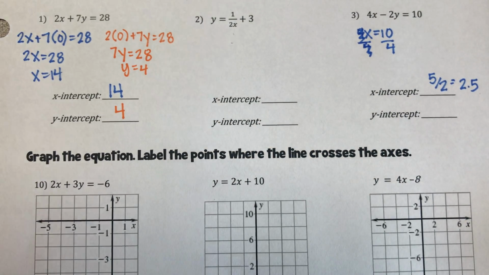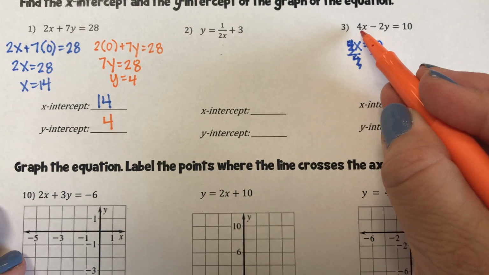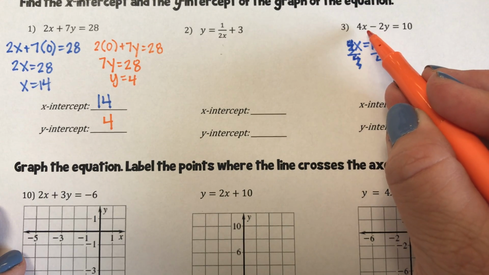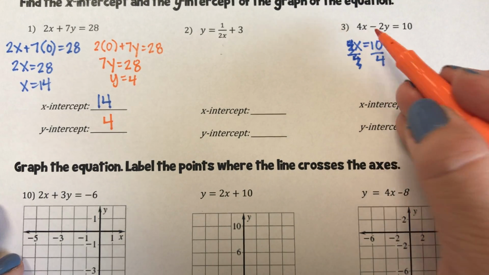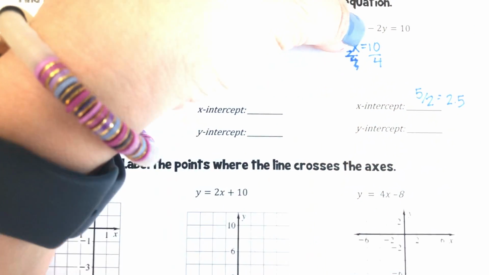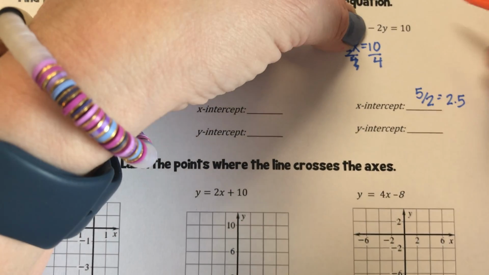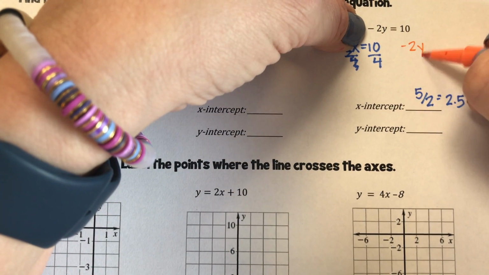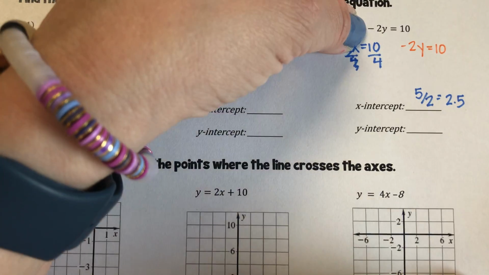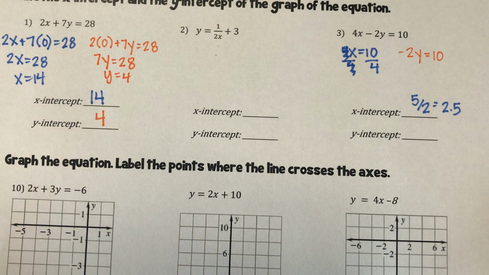Okay, and now when it's time to find the y-intercept, x is 0. So if I put a 0 in here for x, 4 times 0 is 0, and again, it's almost like it just disappears, and I'm left with the equation -2y equals 10. Y'all understand it's not actually disappearing, right? It's just that when we plug a 0 in, it goes away.